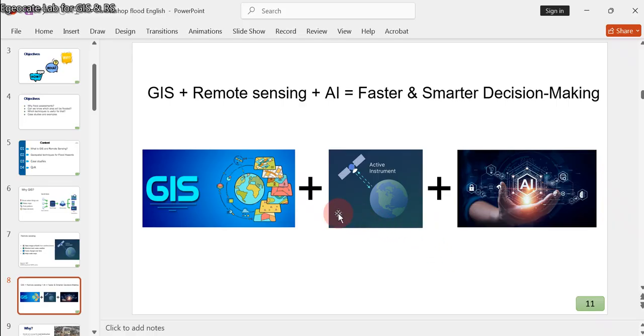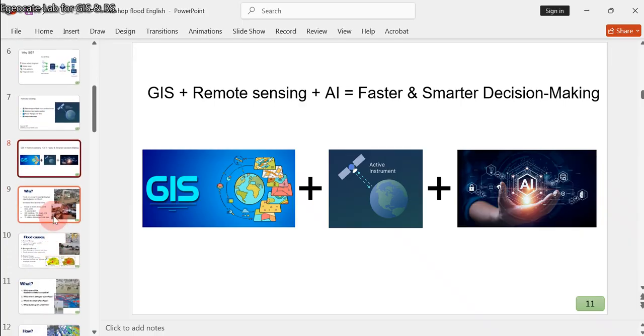So now the question is this: what can we get if we combine GIS, remote sensing, and AI together for flood hazard mapping and monitoring? What can we get, and what problems that we have will be solved by combining all these three platforms together?